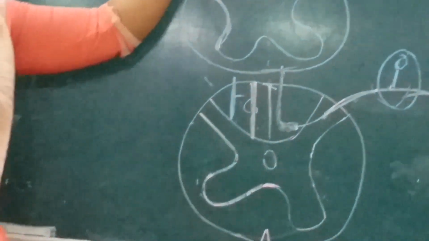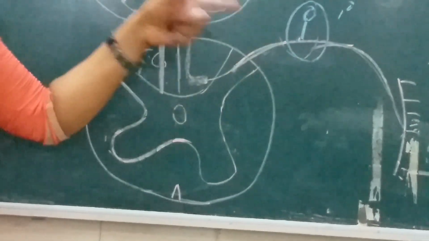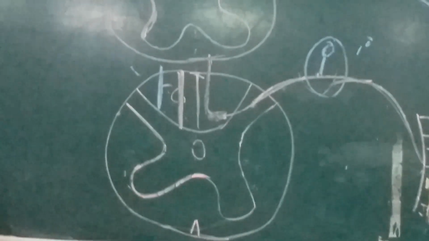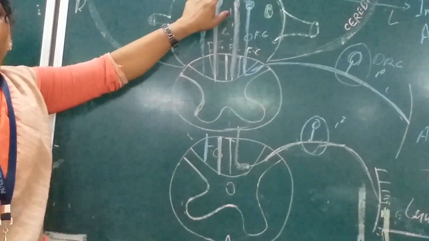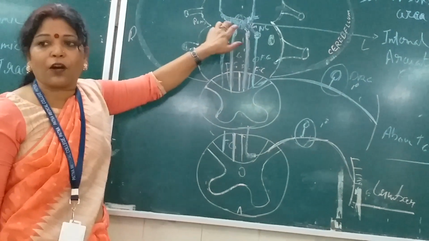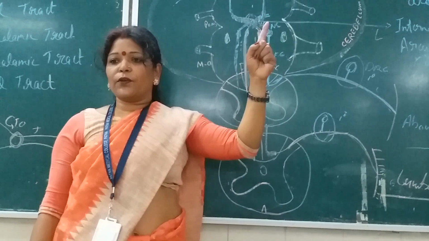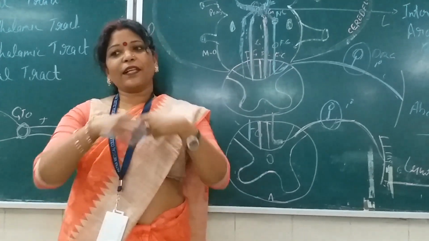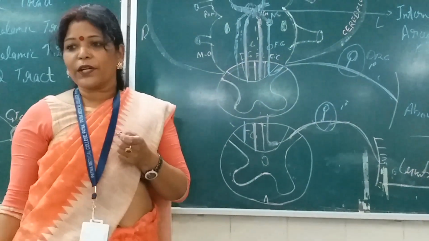But it has to cross, because the sensation was coming from the left side, so it has to cross somewhere to go to the right side of the cerebral cortex. And the site is here in the medulla oblongata. Once it synapses here with the second order neuron, that is the nucleus gracilis and the cuneatus, they will cross, and this crossing is known as the internal arcuate fibers.